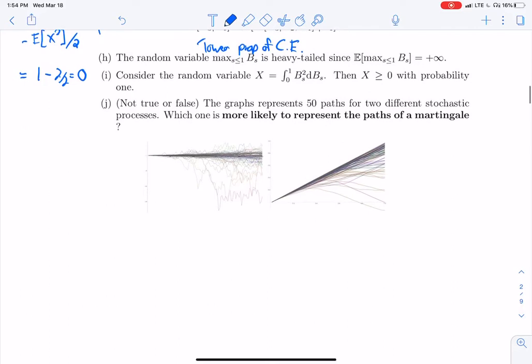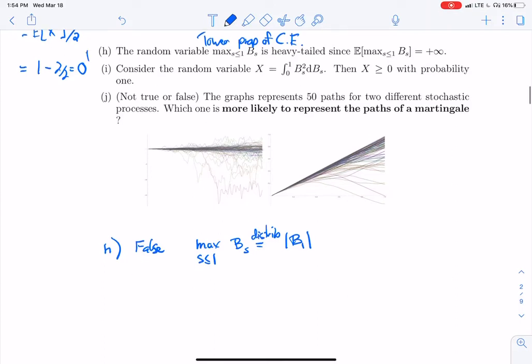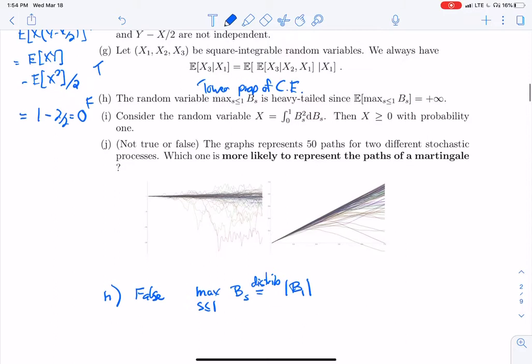I'm going to write it below, so H is actually false, because this is what we know, that the maximum on 0, 1 of Bs has the same distribution as the absolute value of the endpoint B1. And the expectation of the absolute value is not infinity, so this is false.